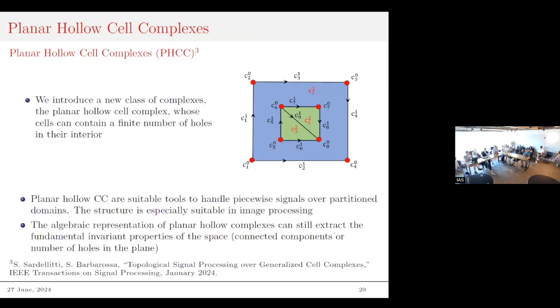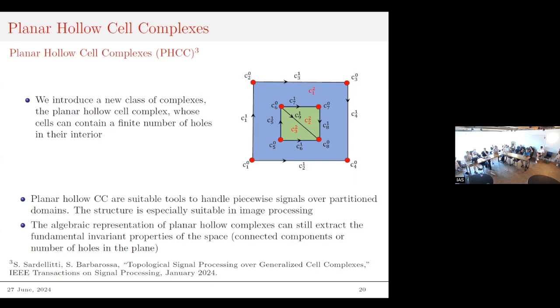Only to give you an insight on this new class of cell complex that we introduced in this paper, we call this complex a planar hollow cell complex, because in this case we define, in the planar case, cells that can also include holes.